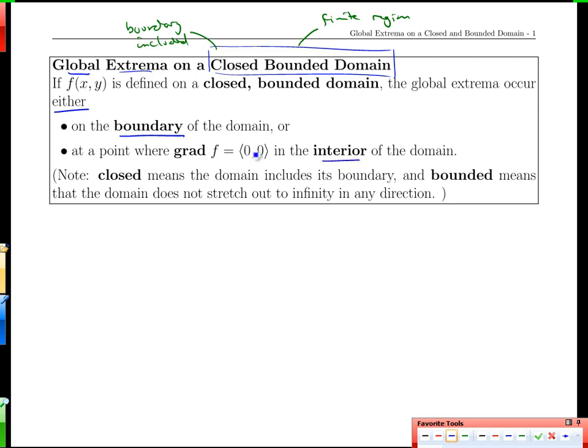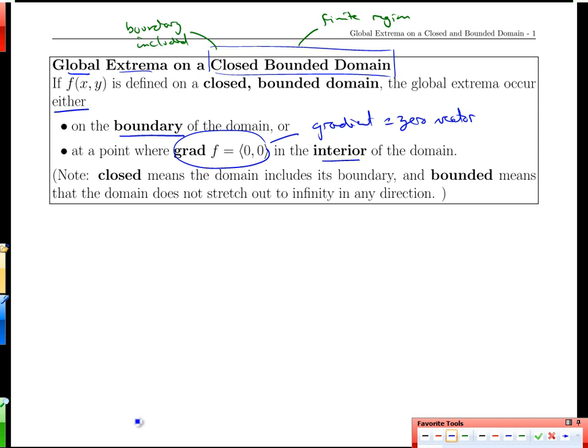But if it's in the interior, we must have the gradient being the zero vector. And that is something we can test for. So we can look for points where the gradient is zero in the middle, and then compare the values of the function we get there to the values of the function on the boundary, and with those two pieces of information, we'll be able to evaluate where the function has a global max or min.